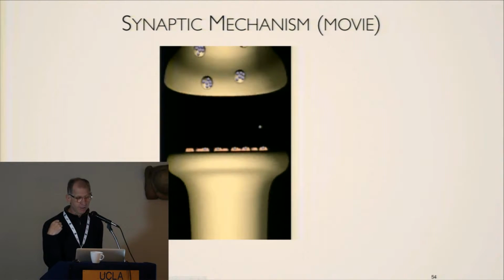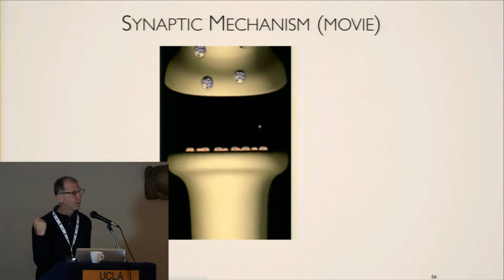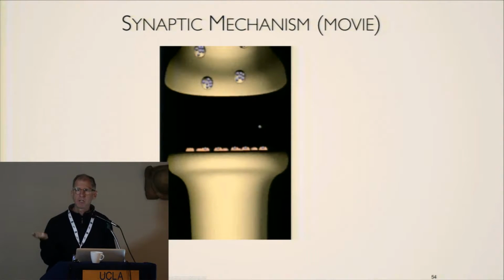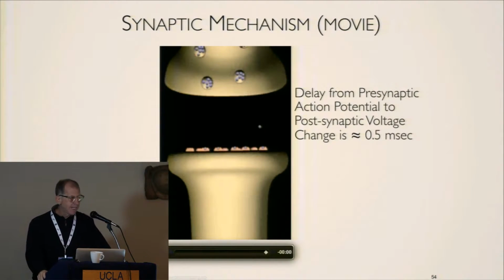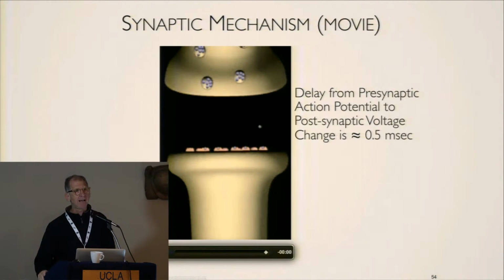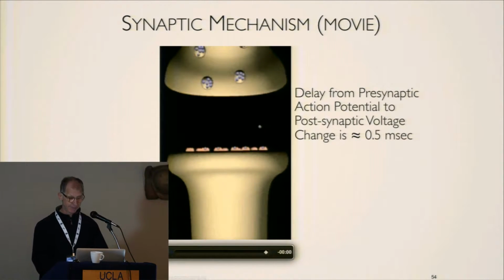As a result, they open pores in the receiving neuron, which allow charge to go through and cause this receiving neuron to become depolarized and ultimately form an action potential. It takes a surprisingly long amount of time, given how fast we have to do things, about half a millisecond just to cross the synapse.